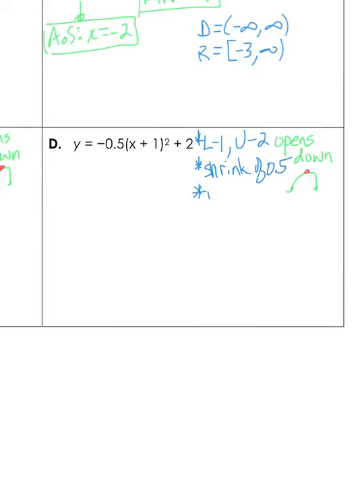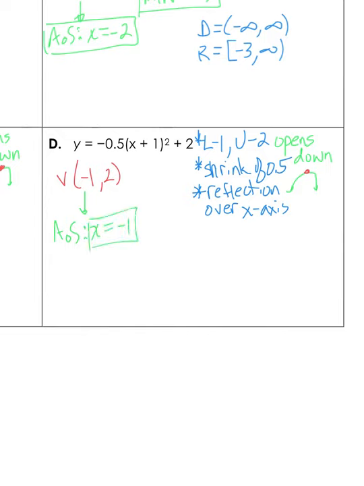And because of the negative, I have a reflection over the x-axis. Okay, so the vertex is -1, +2. From that vertex, I get the axis of symmetry. X equals -1. And from here, I have a maximum value that equals 2.